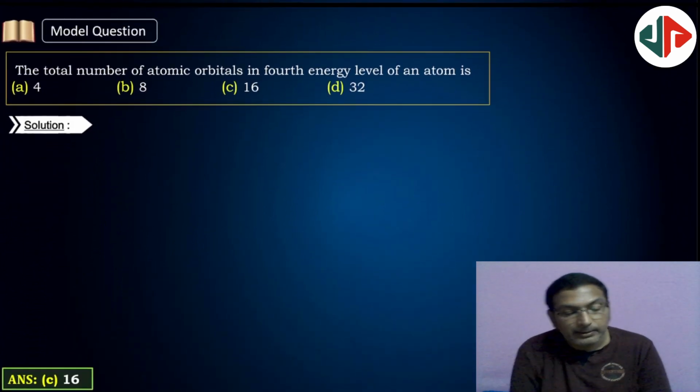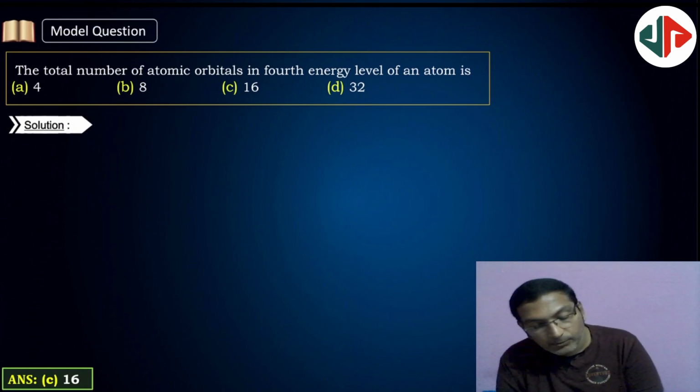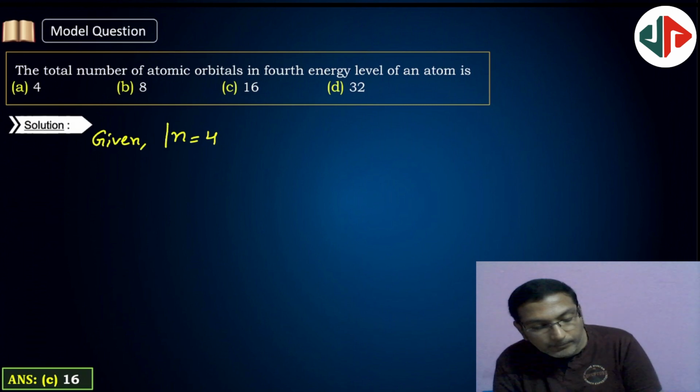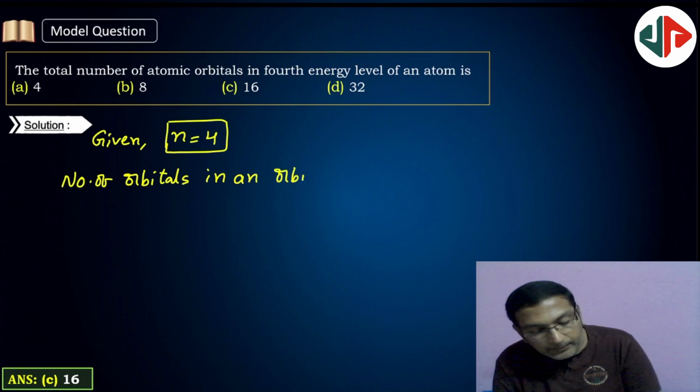Next question. The total number of atomic orbitals in the 4th energy level of an atom is. 4th energy level means 4th orbit, n equal to 4. So the number of orbitals in an orbit will be equal to n square.